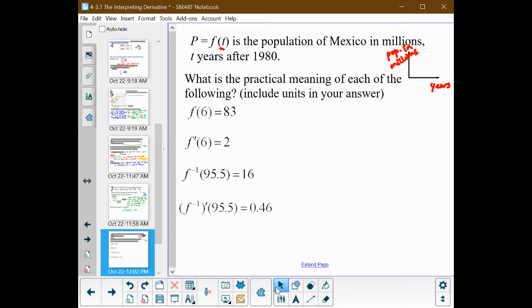All right, so f of 6 equals 83. 6 represents the years after 1980, so our meaning here is in 1986, the population of Mexico was 83 million people.